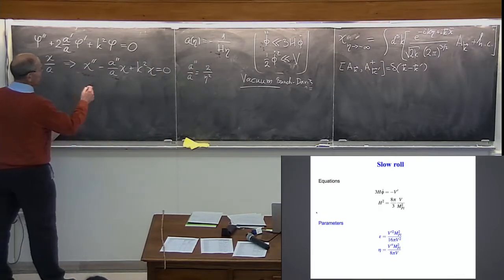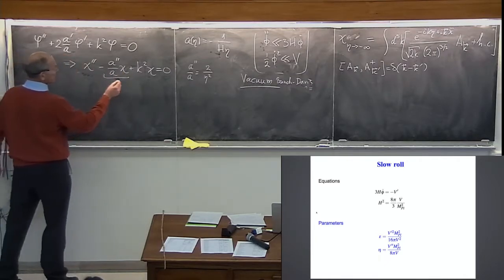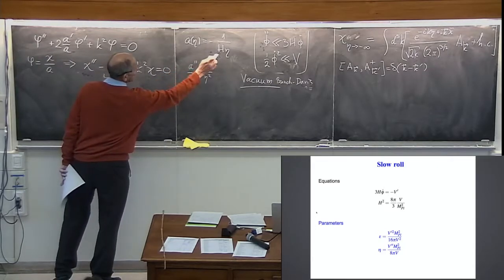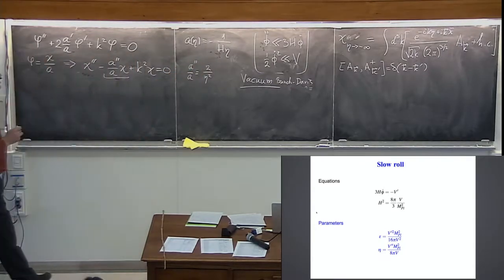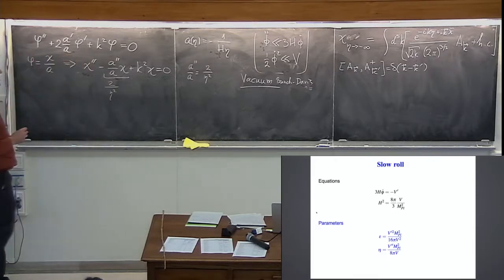It's straightforward. Now I want to solve this equation near the horizon crossing. Near the horizon crossing, my scale factor is nearly this, with the understanding that H is the Hubble parameter at horizon crossing. So this is 2 over eta squared, right? So it's a Bessel equation again.